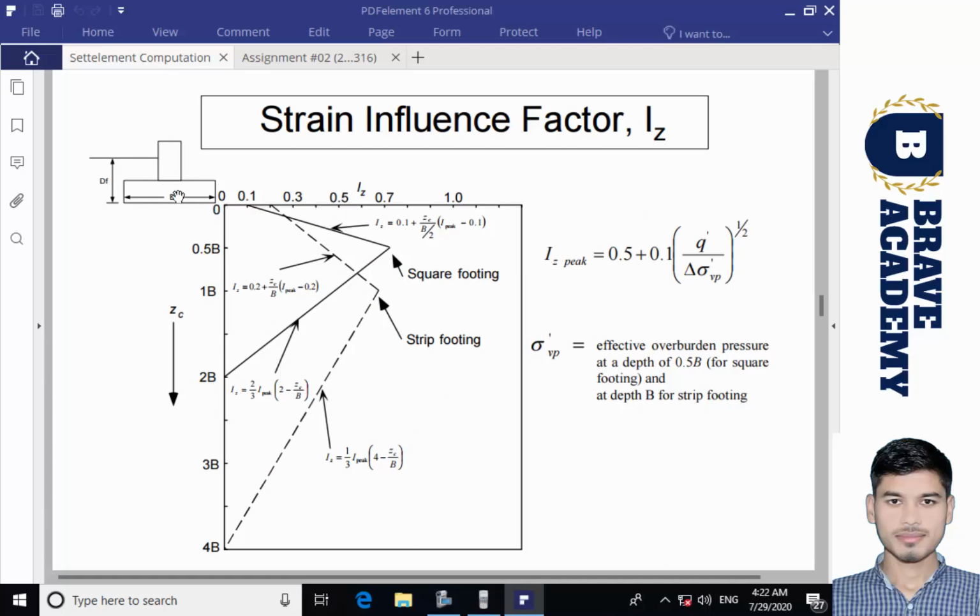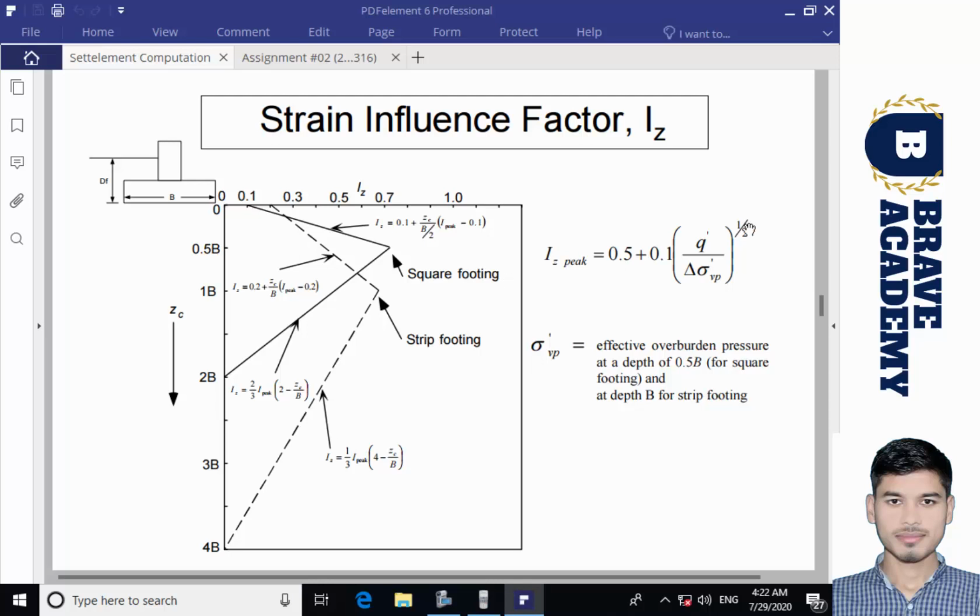You can see here this is corresponding to the base of footing, and the depth from the base of the footing directly relates to the value of Iz. So here are two lines, one is a solid line and the other is a dotted line. The solid line is for the square footing, and the dotted line is for the strip footing.